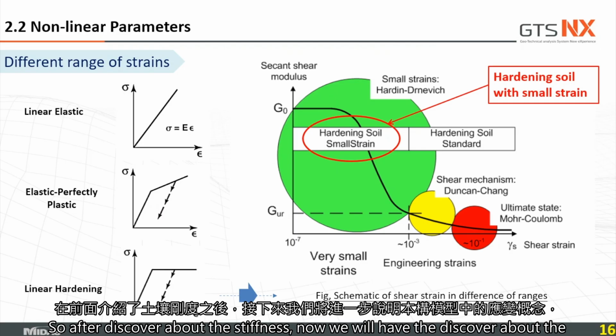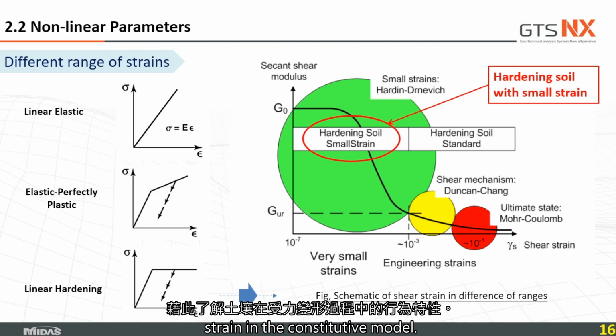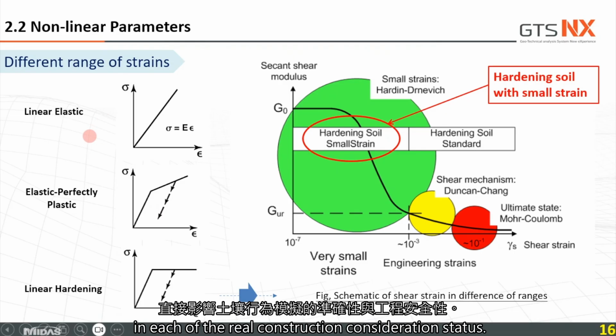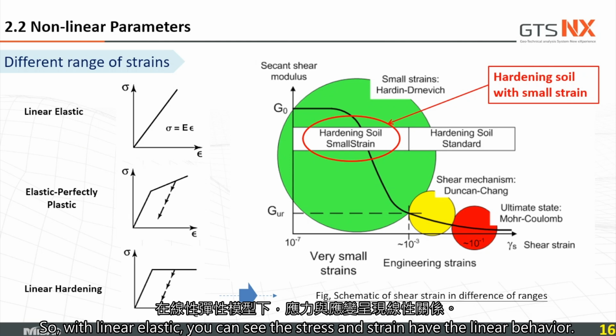So after discovering the stiffness, now we will discover the strain in the constitutive model. Actually, these parameters are also very important in each real construction consideration. With linear elastic, you can see the stress and strain have a linear behavior.